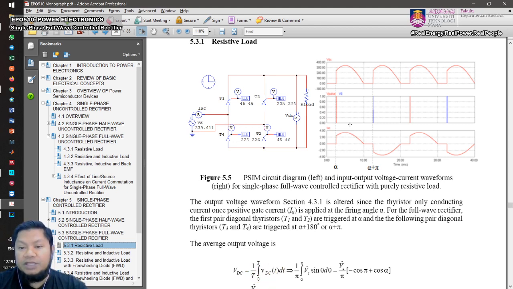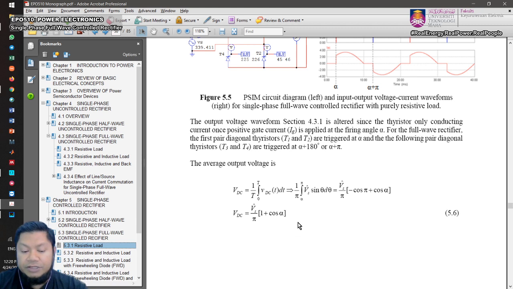When you look into this waveform, you must change accordingly, because now it will repeat every pi, so you change that to 1 over pi, and your integration now becomes from alpha to pi, right?